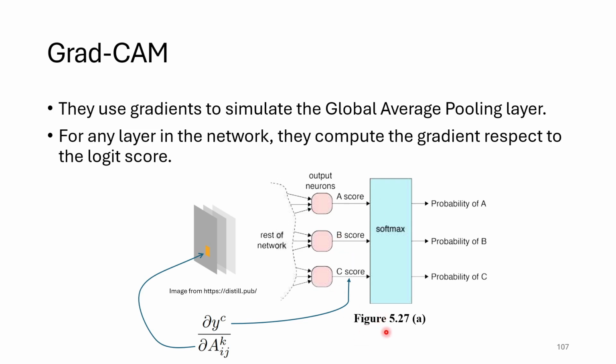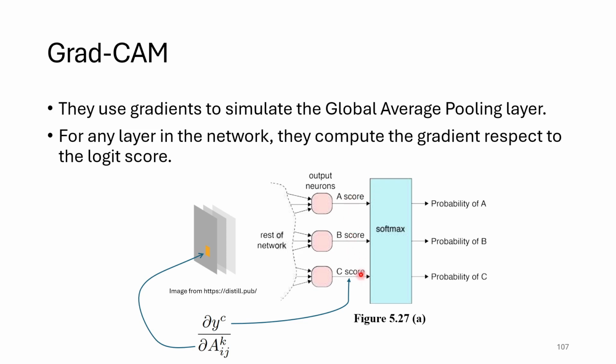Some people call it a logit, and in this figure it is called score. The meaning is the same. For every class you will have a score or logit, and a softmax layer converts those logits into the probability values of each class.